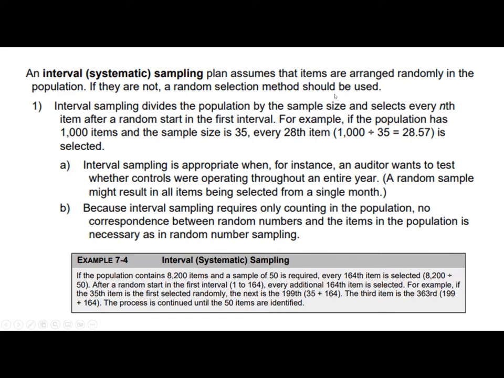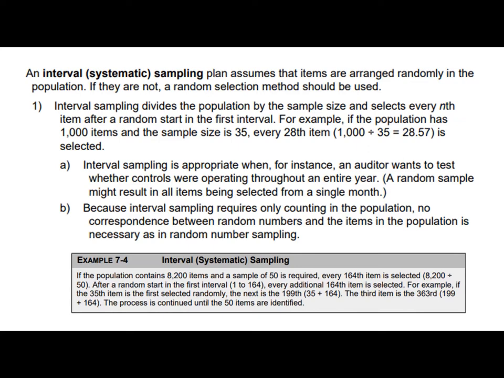The first thing is that when you pick a sample, you need to ensure that the items are randomly arranged. Let us say you sort the invoices from the smallest value to the highest, or the largest to the smallest. Then if you apply the interval sampling method, it is not right.